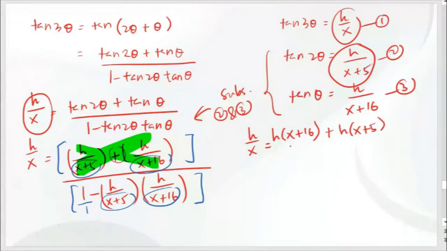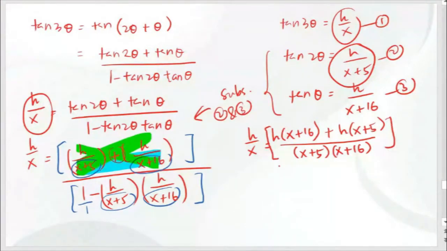Okay, this is the numerator. Then how about the denominator part? Multiply each other. So you will get X plus 5 multiply X plus 16. This is the upper part.